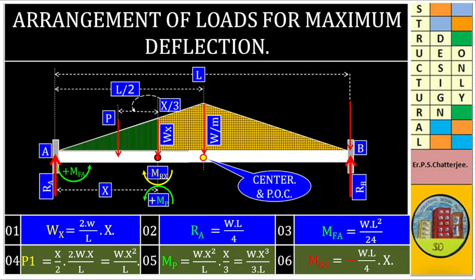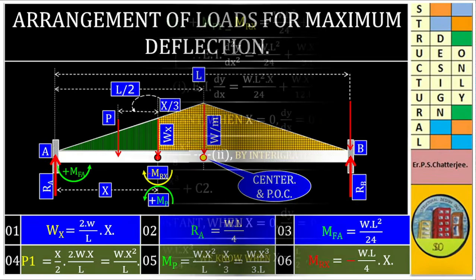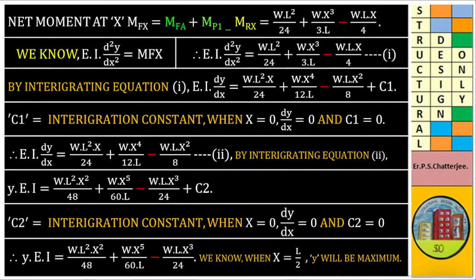And the moment due to reaction RA, MRX, is equal to minus W into L by 4 into x. Next, the moment at x, MFX, is equal to MFA plus MP1 minus MRX, which is WL square by 24 plus Wx cube by 3L minus WLx by 4.